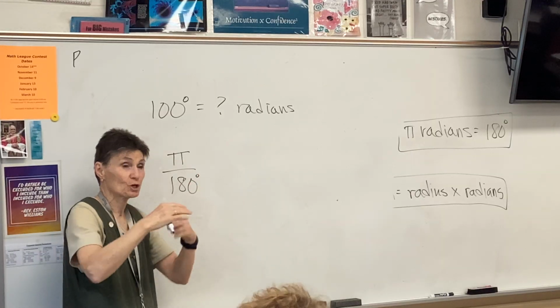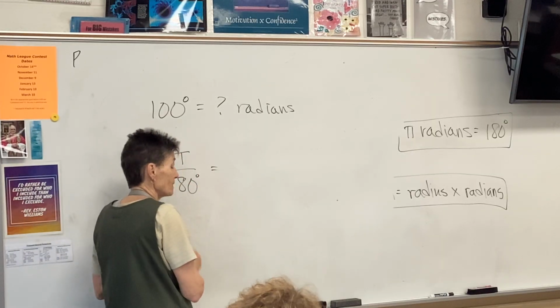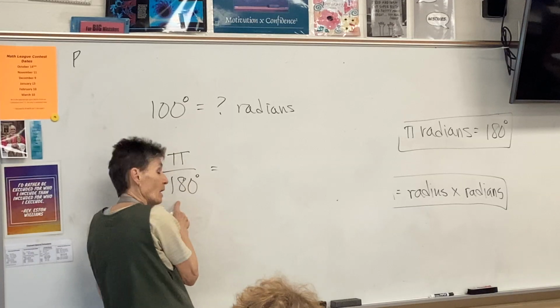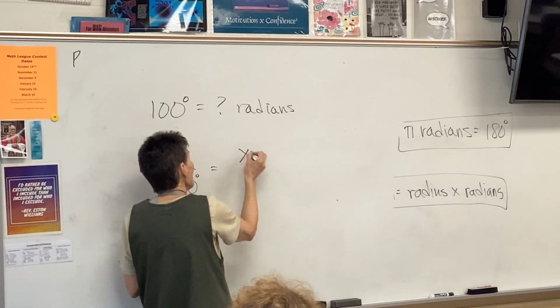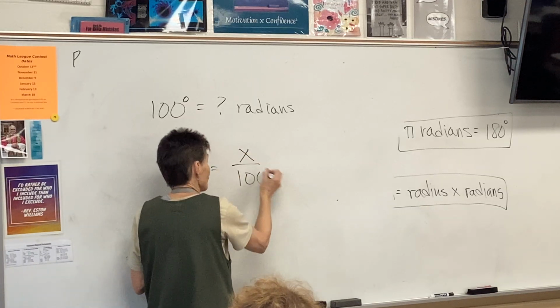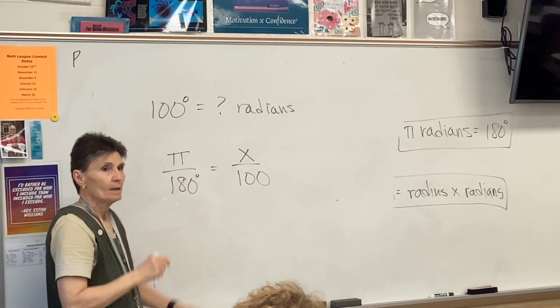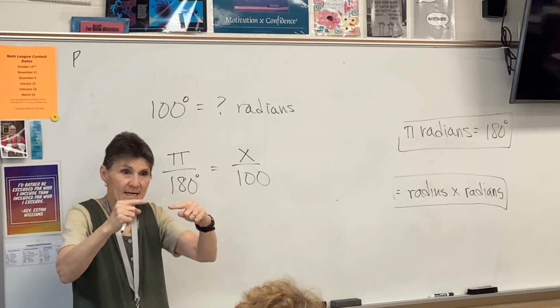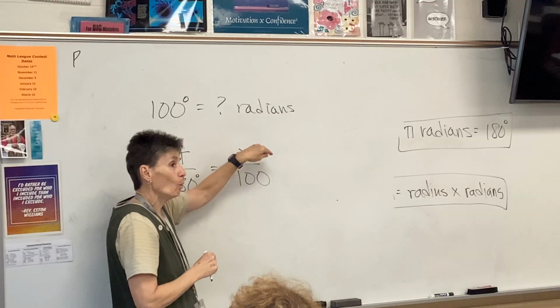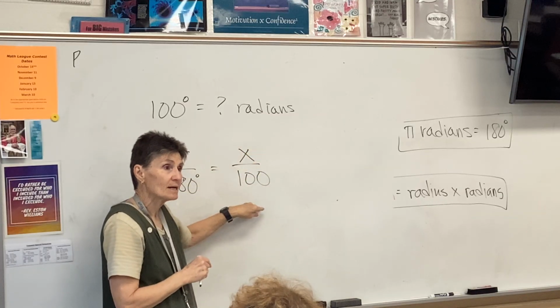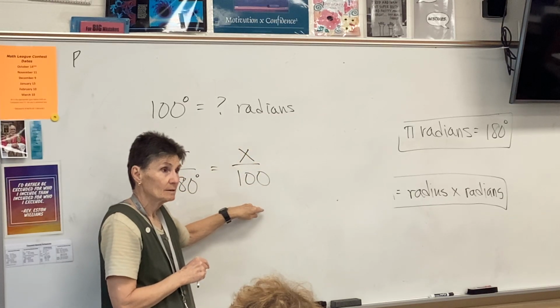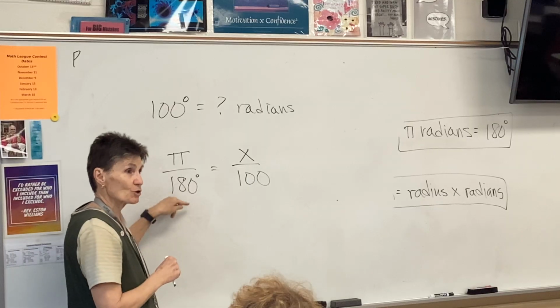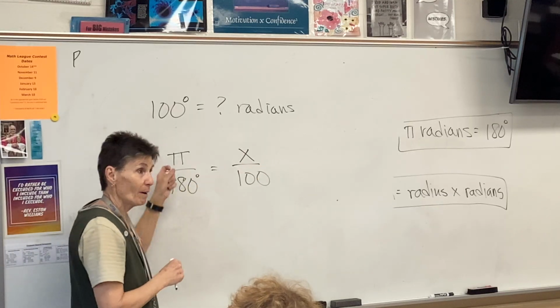Those balance each other. So the question is, if pi is 180, how many would be 100? Does that make sense? Pi is the same as 180. I want to know what is the same as 100. This will never change. This is fact. Pi is 180.